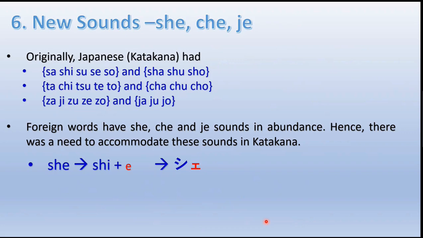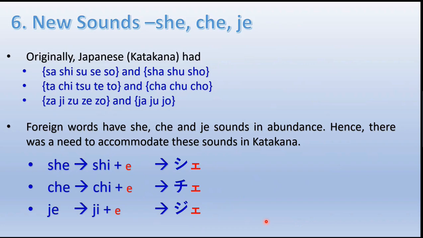She is formed by blending shi with e. Che is formed by blending chi with e, and je is formed by blending ji with e. And the same rule is followed for writing it. This is shi e, this is chi e, and this is ji e.